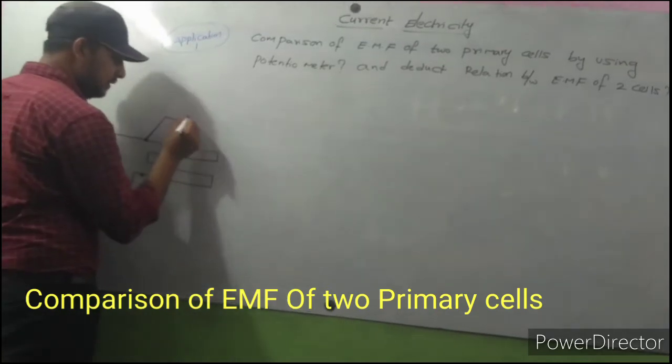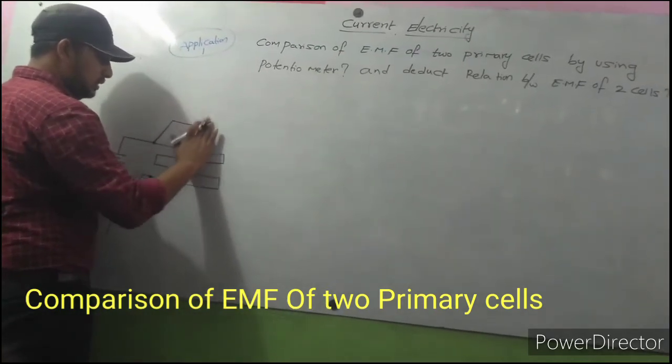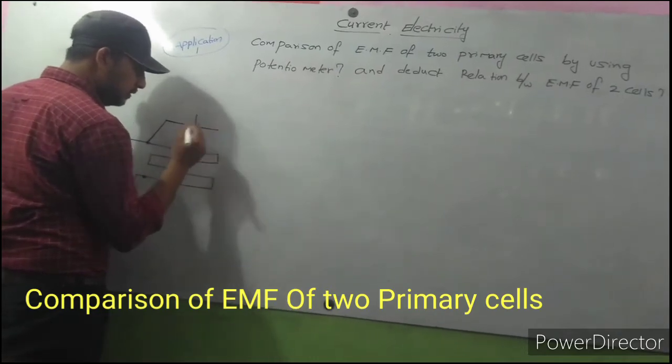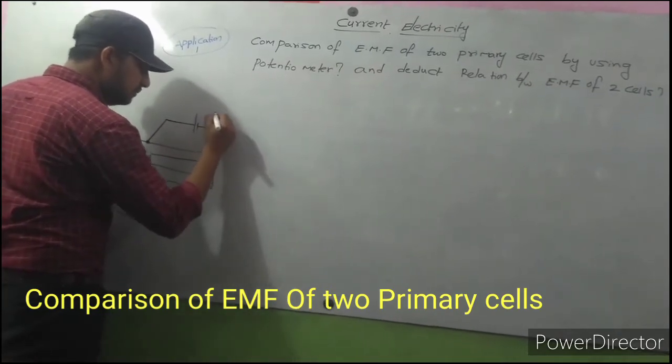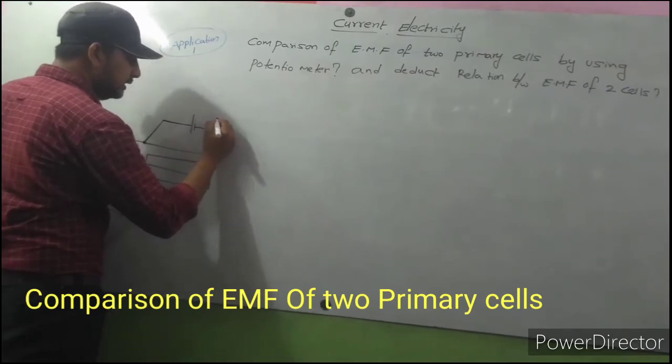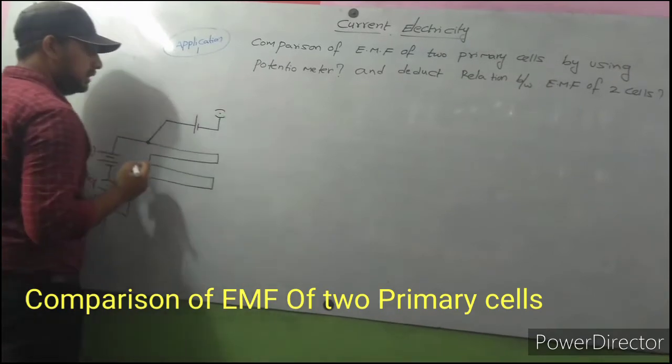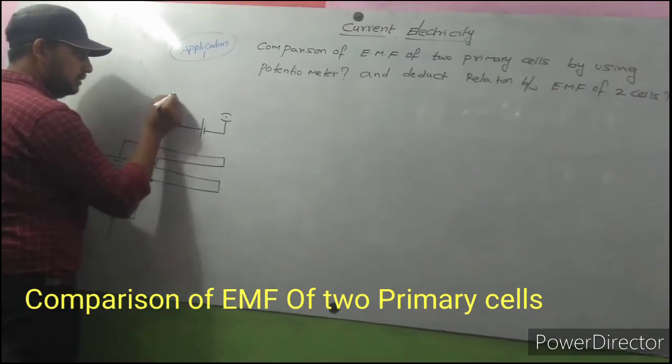This is cell 1, connected to a plug key, key 1, and then another cell.